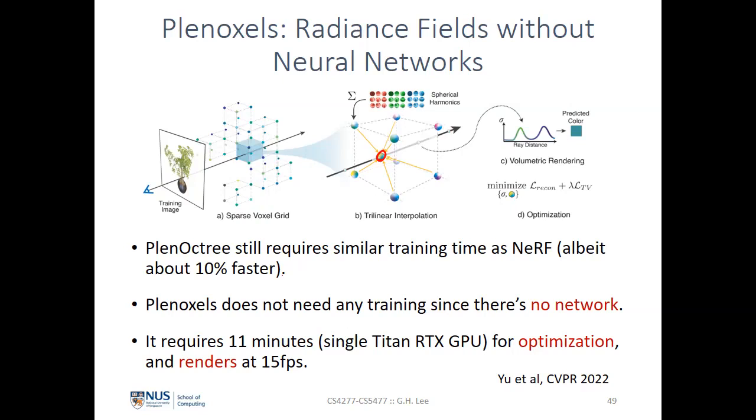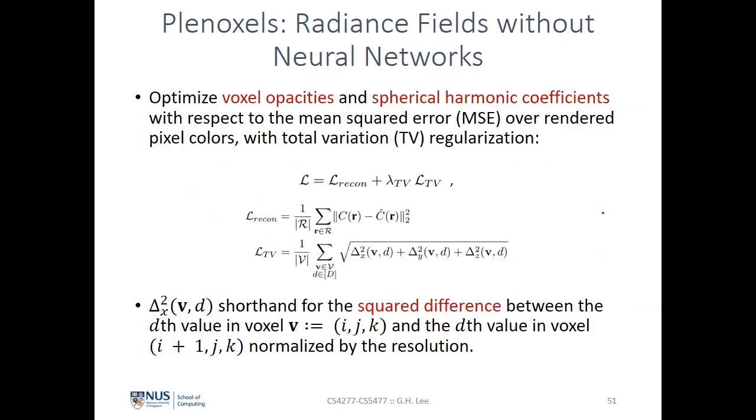Once you optimize this, you minimize over the reconstruction error and the total variation error. The total variation error is just that you make sure that the nearby boxes don't deviate too much; the deviation of the color shouldn't be too much.